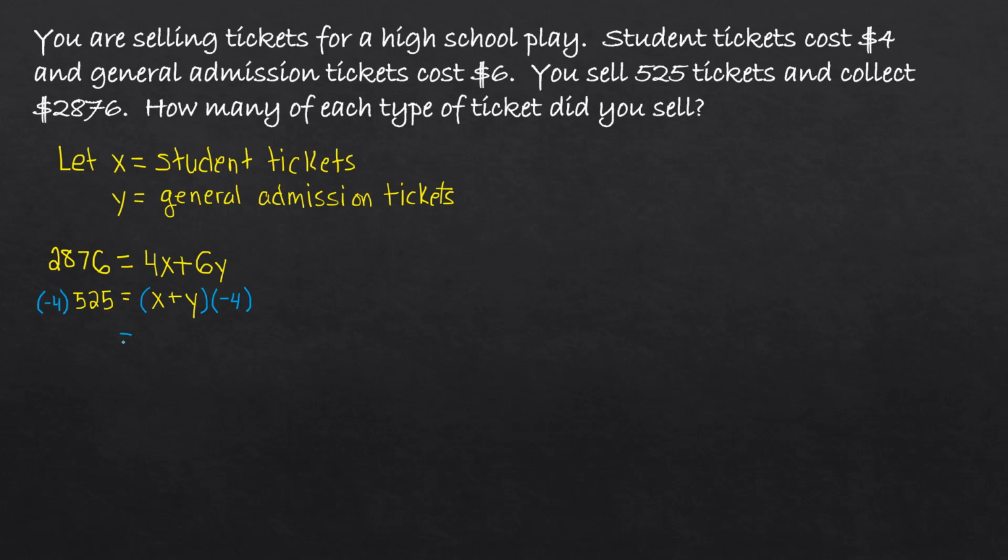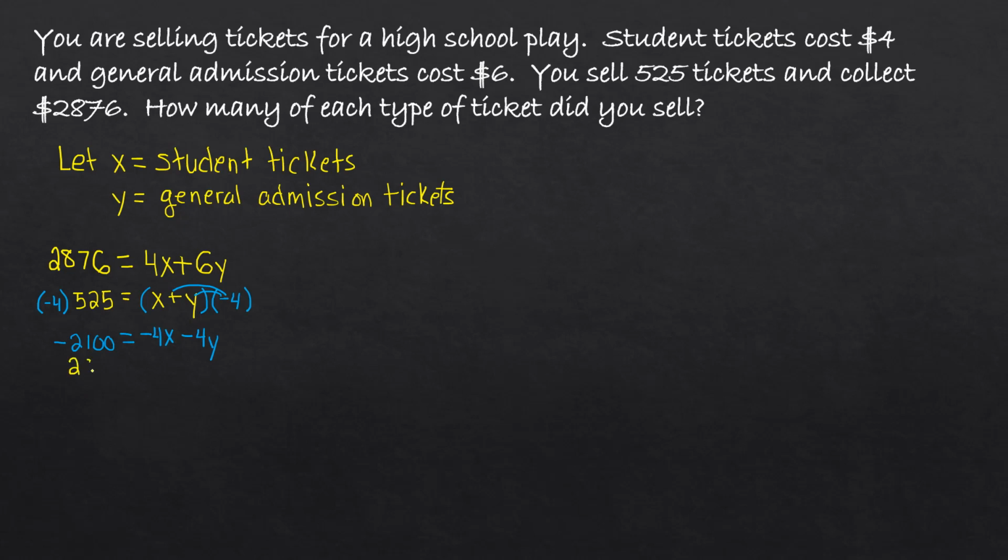In doing so, on my right-hand side, I will have -4x minus 4y, so I'm distributing. On the left-hand side, -4 times 525 is -2,100.